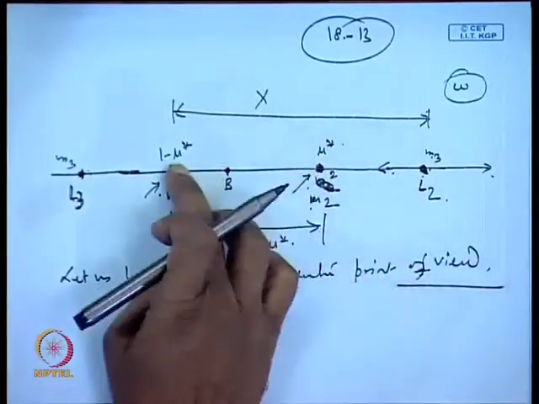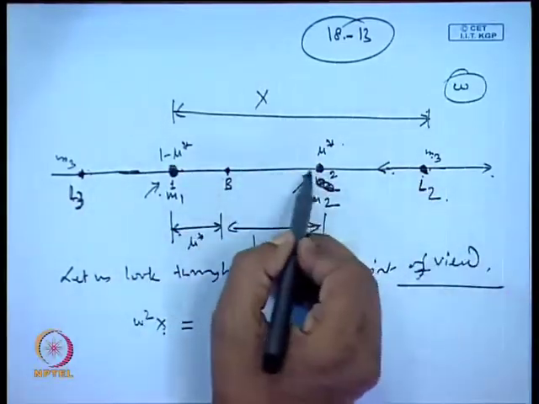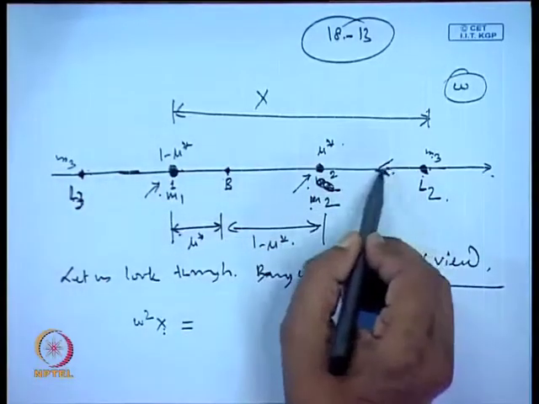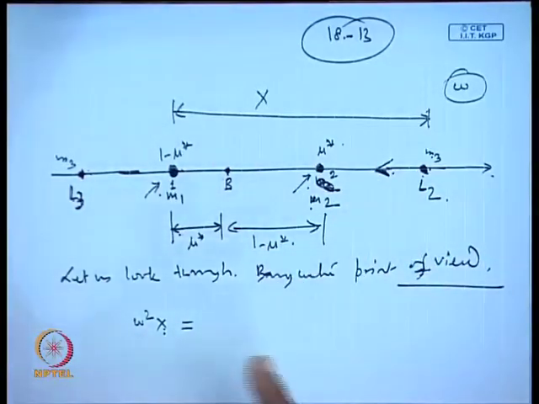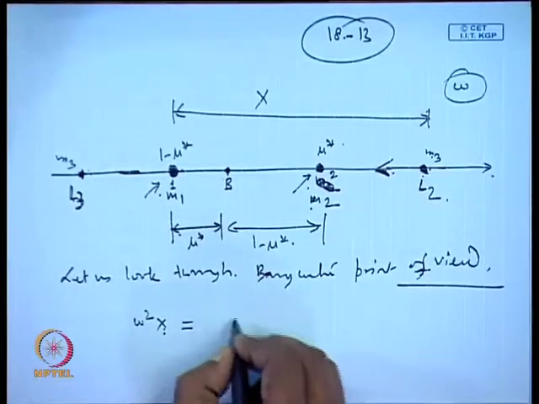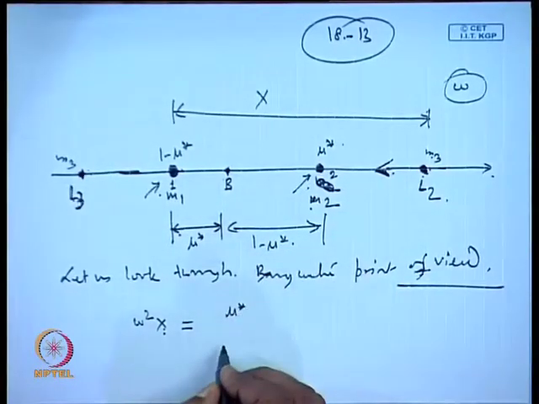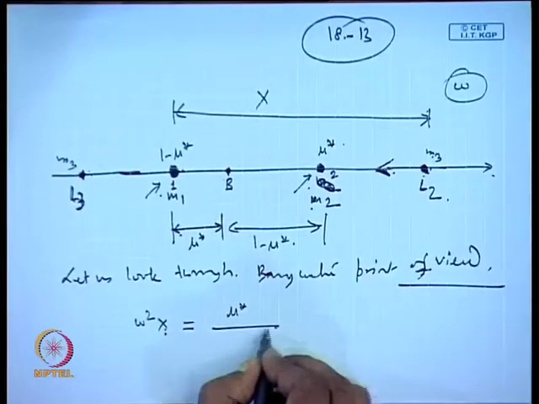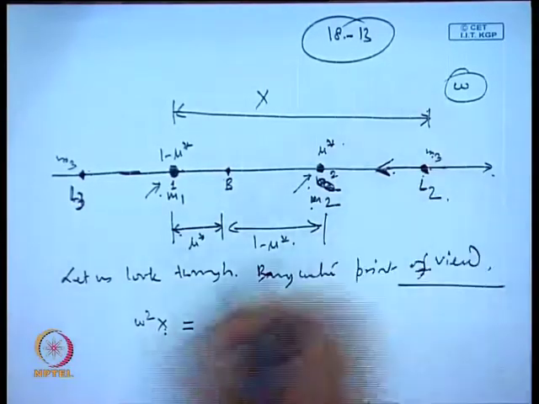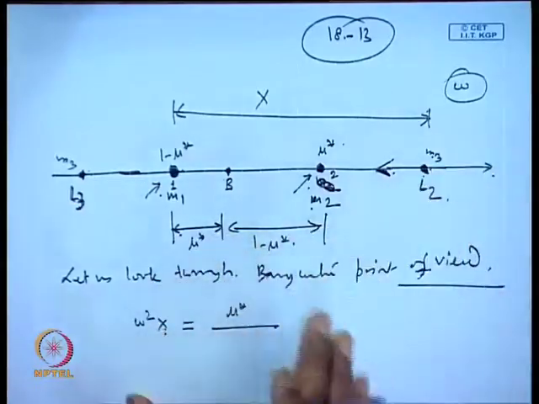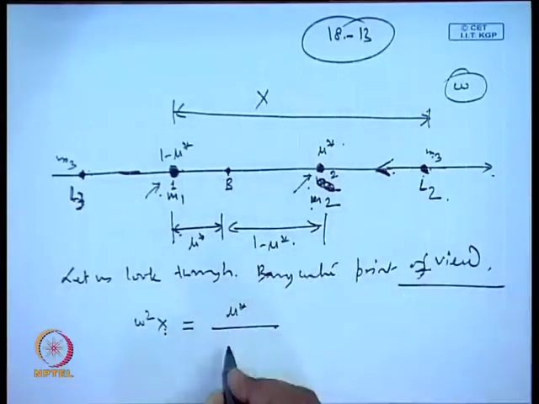In this case both are acting in the same direction, the force due to the mass m2 is acting in this direction and the force due to mass m1 is also acting in this direction. So, both of them combine. So, now we can write this. In terms of the normalized masses, this is mu star, and the mass of m3 if we multiply on the left hand side and on the right hand side, that cancels out. You can yourself explore it a little bit.